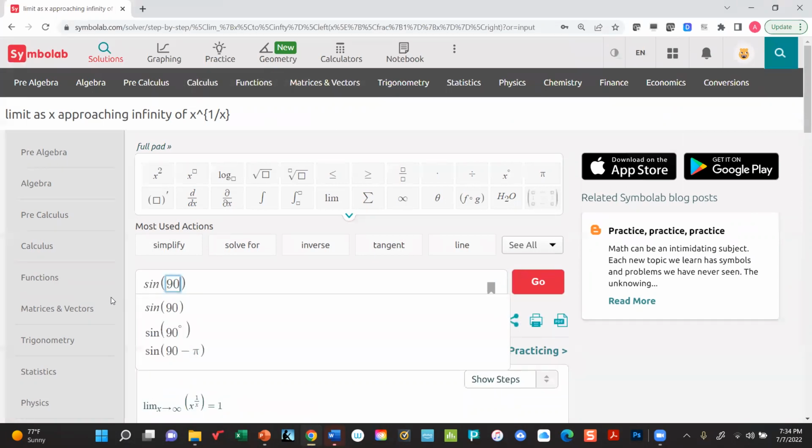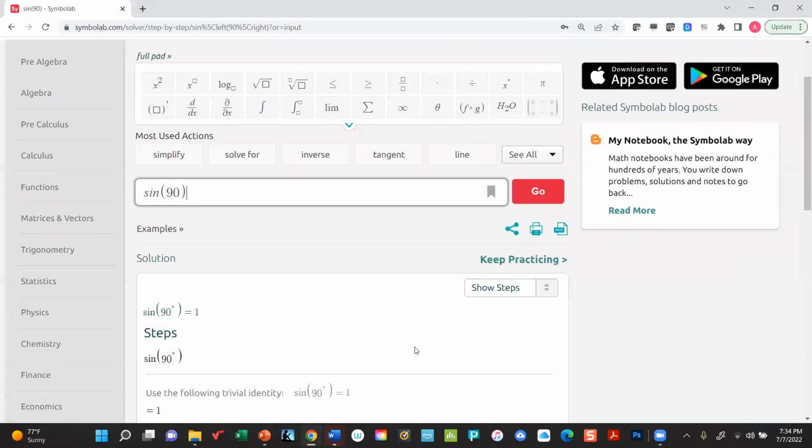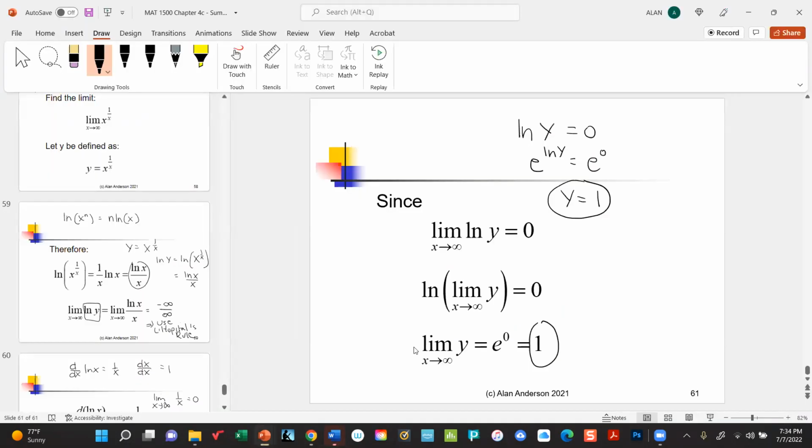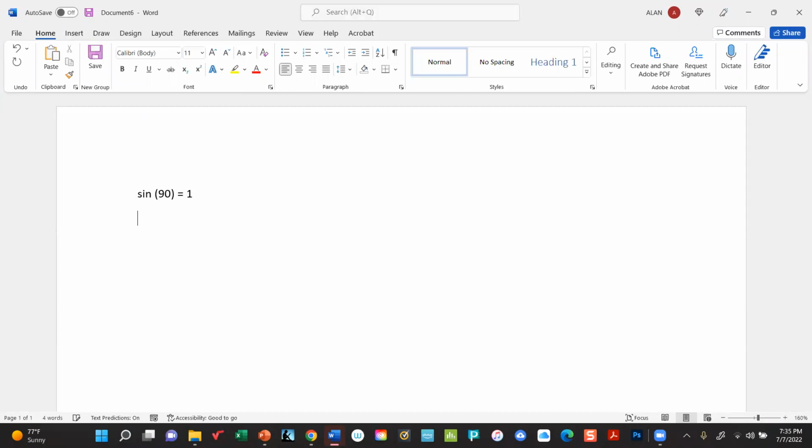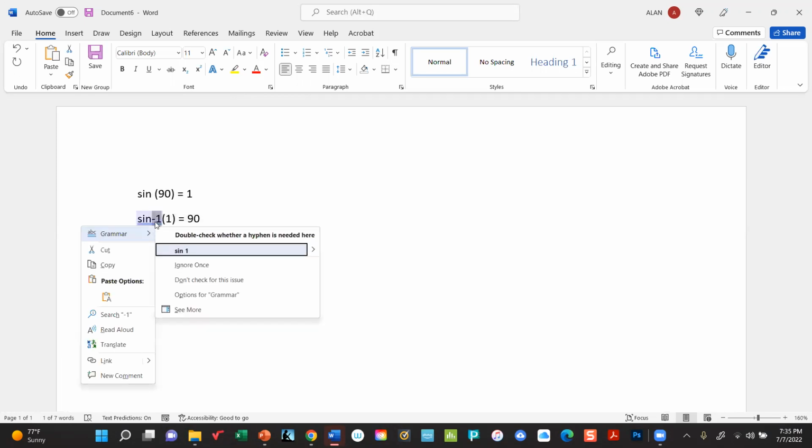I used to have all these basic trig functions memorized. What that implies is that the arc sine of 1 is 90. So you're basically reversing this operation.